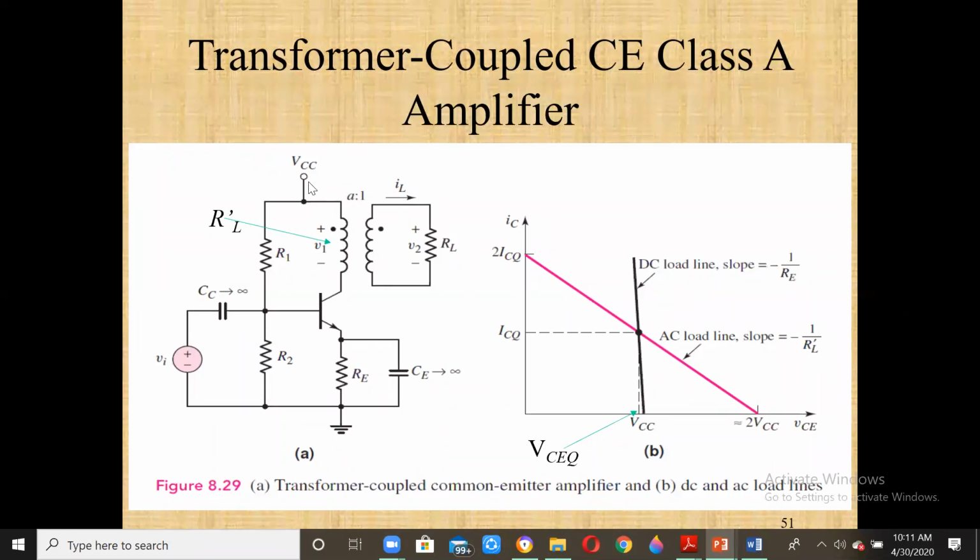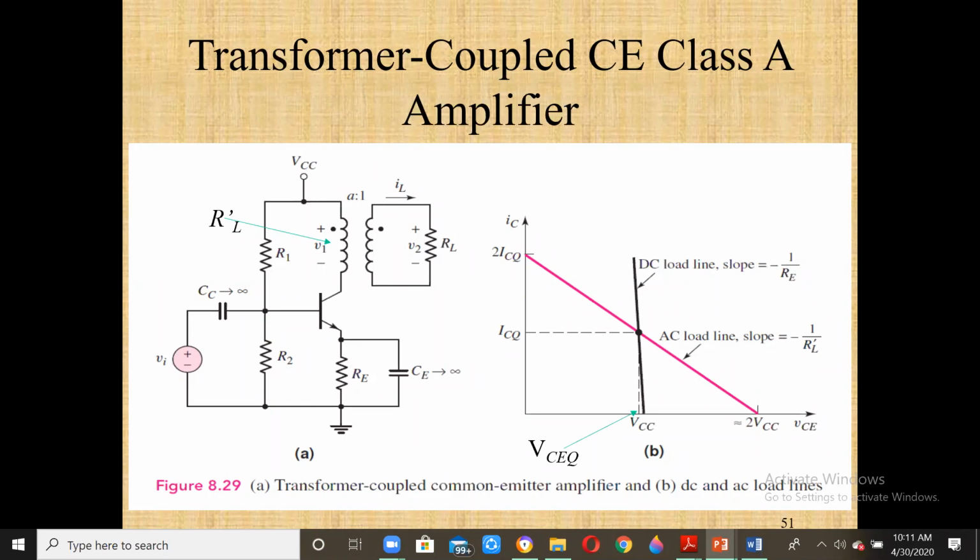Really speaking, it is VCC by the internal resistance of the primary side of the transformer plus RE during the DC condition. The total of the internal resistance plus RE will be the DC resistance, and VCC should be divided by that resistance to get the value of the current.